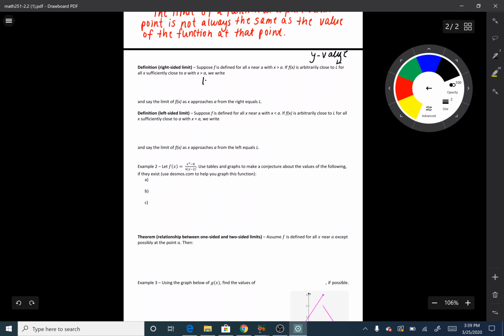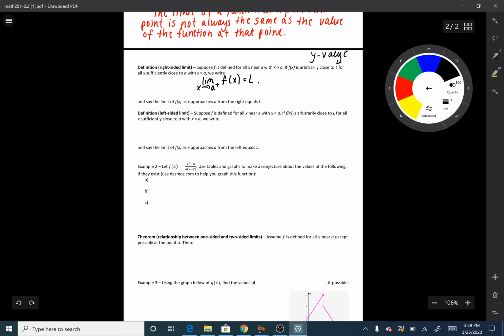The limit as x approaches a, and then we put a little plus sign here. That means from the right, of f of x is equal to L. We read this as the limit as x approaches a from the right of f of x equals L.